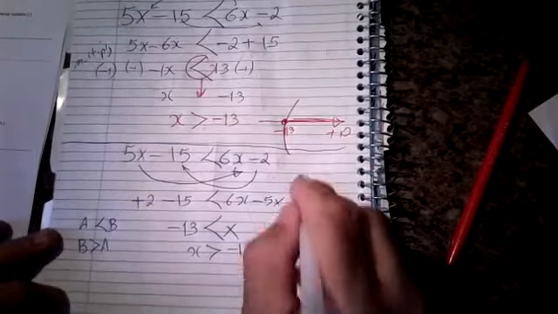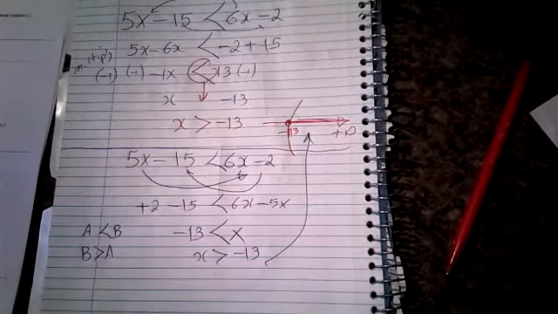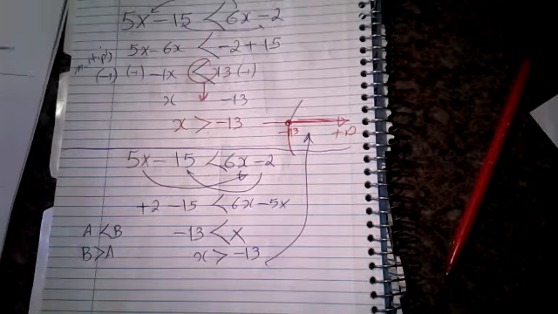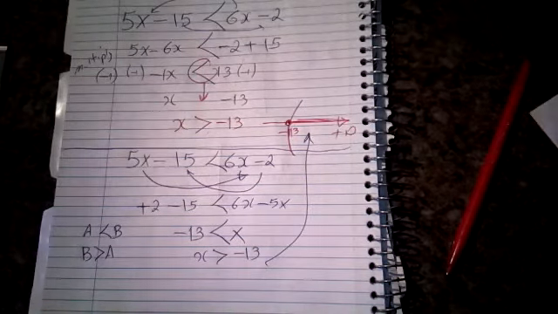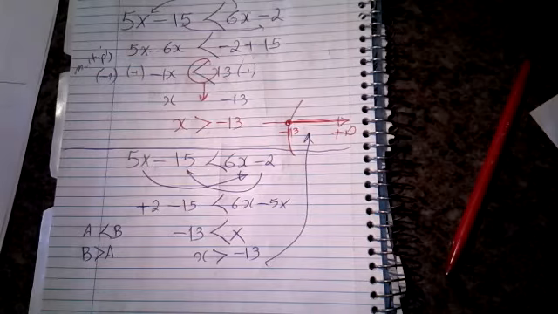And when you graph that, then you see that. Okay, so that's the way. If you do it this way, then you don't have to worry about dividing or multiplying by a negative number. All right, so that takes care of section 2.4.